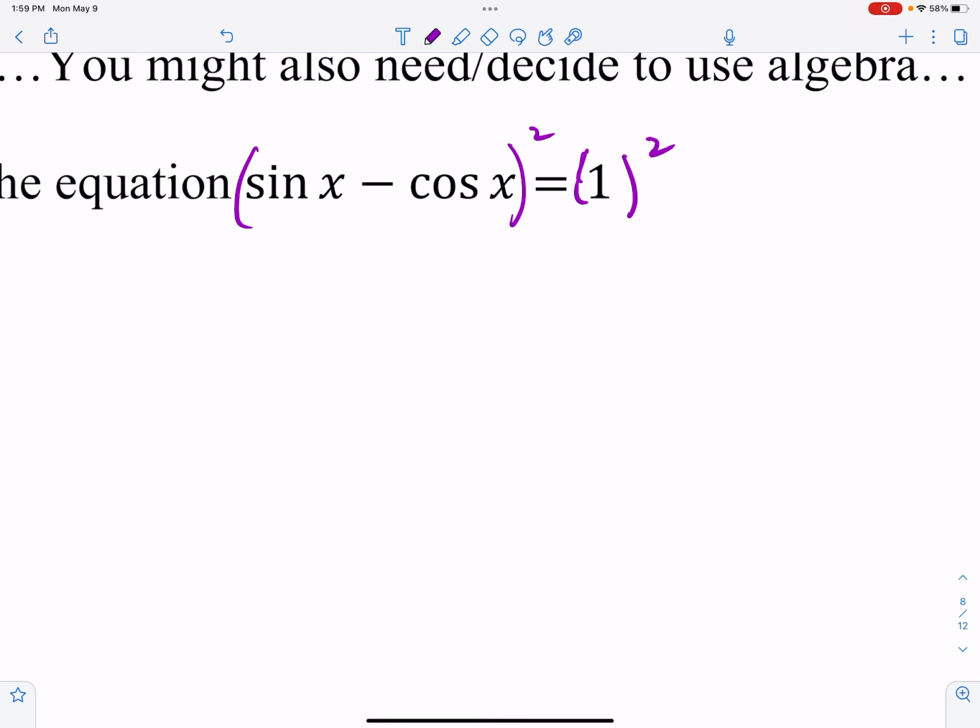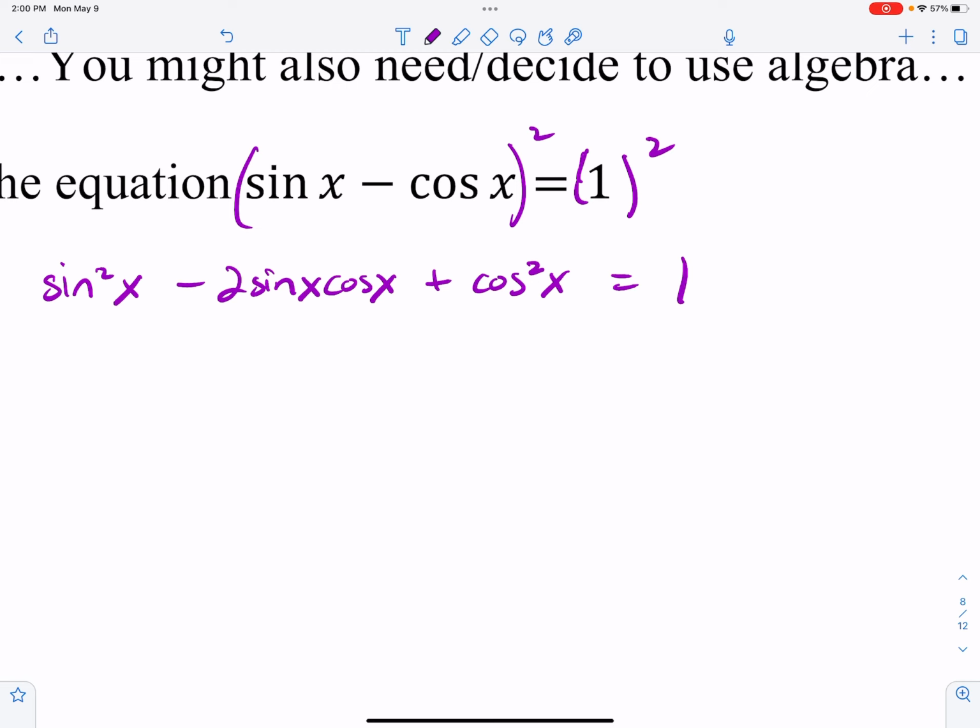So in this case, when we square both sides and think about multiplying the left-hand side out, that would be sine squared, and then it'll end up being -2 sine cosine plus cosine squared equals 1.